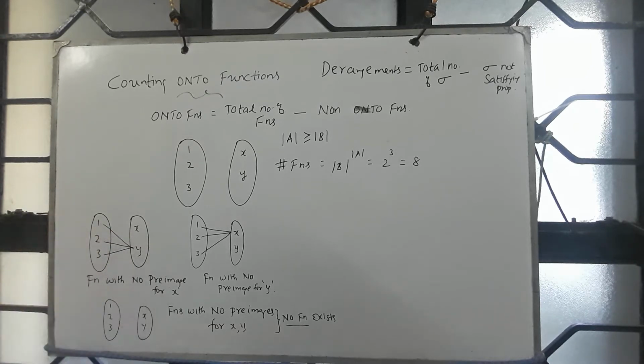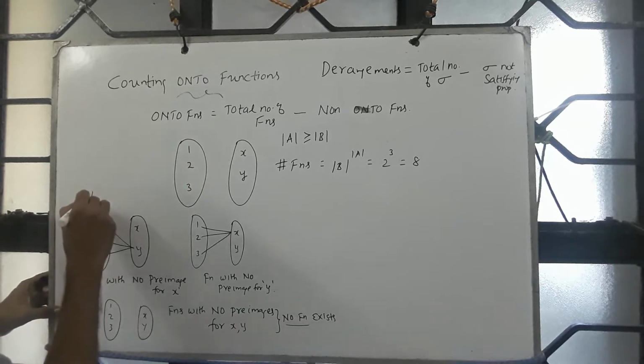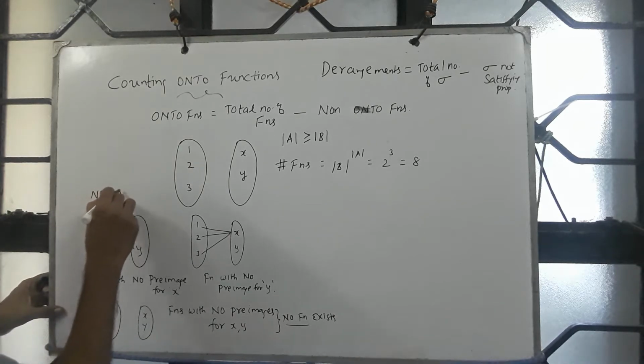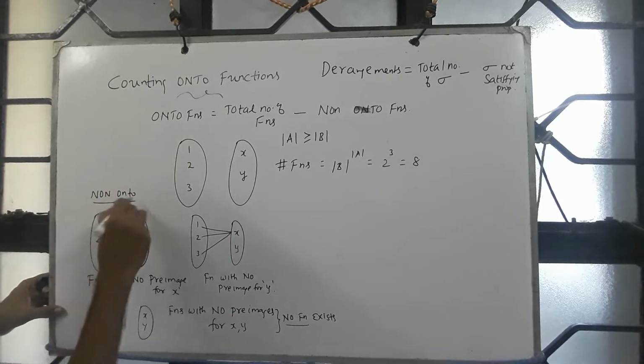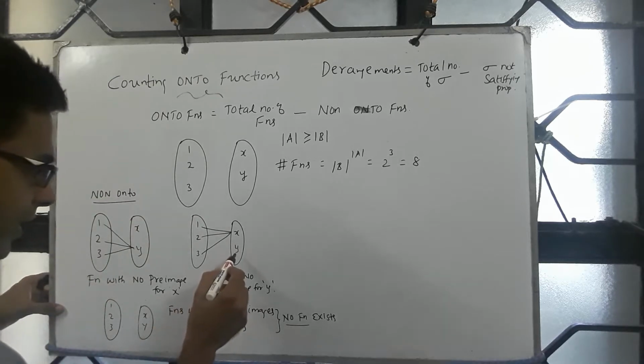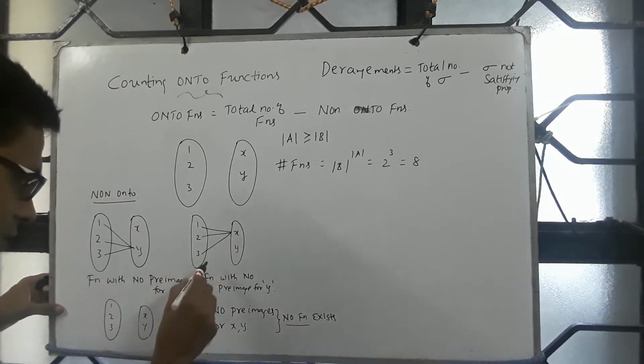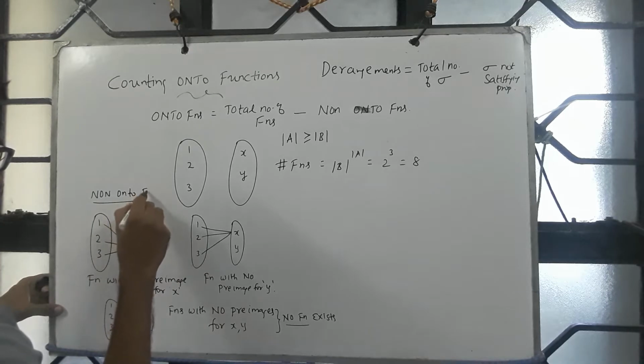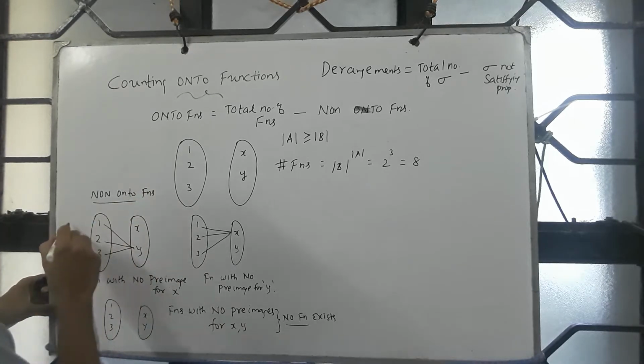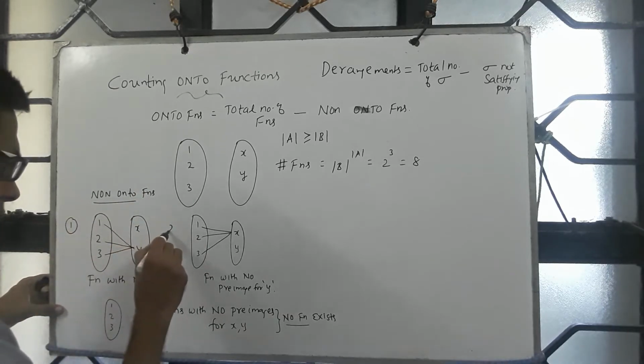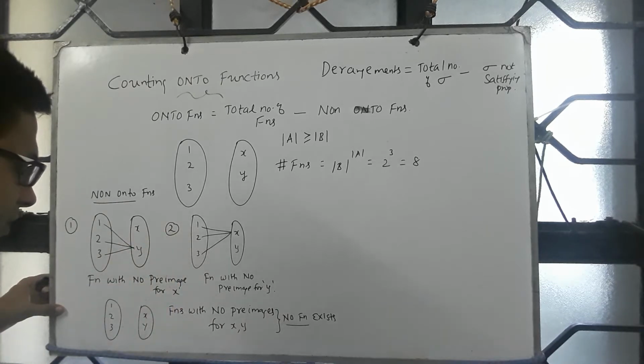This is a function and this is non-onto. And here is another function where y is not having a pre-image, so this is also non-onto, right? This is one function which is non-onto, this is another non-onto function.